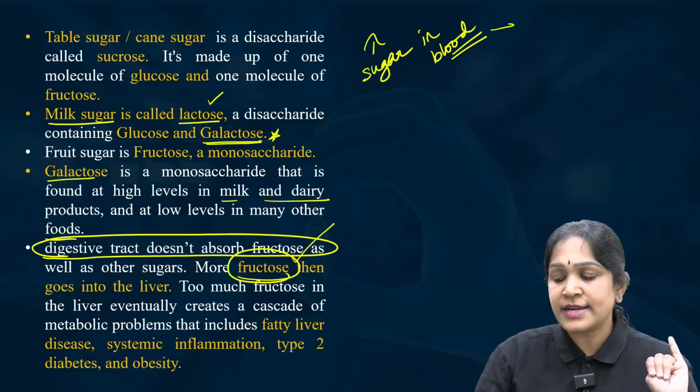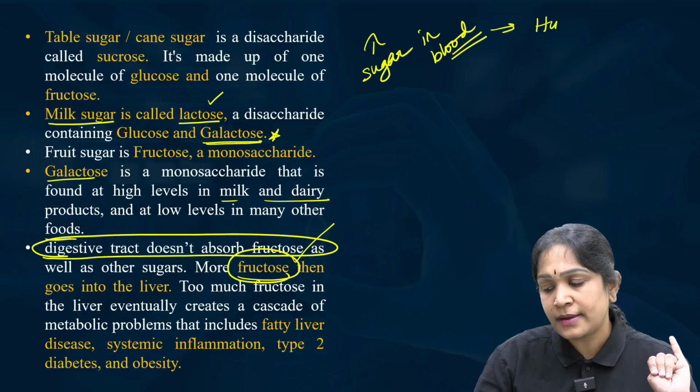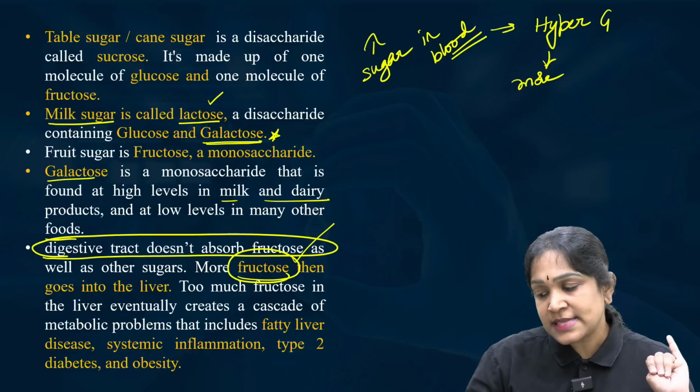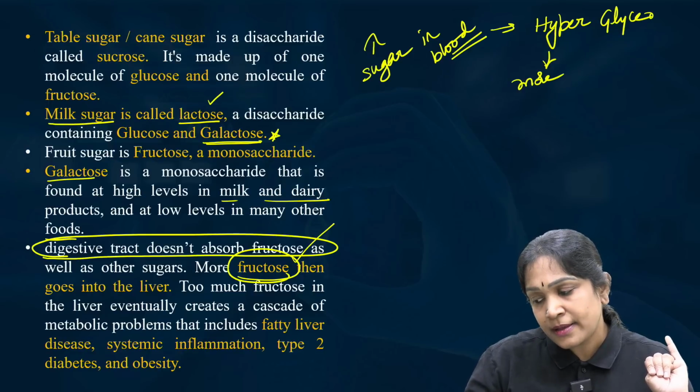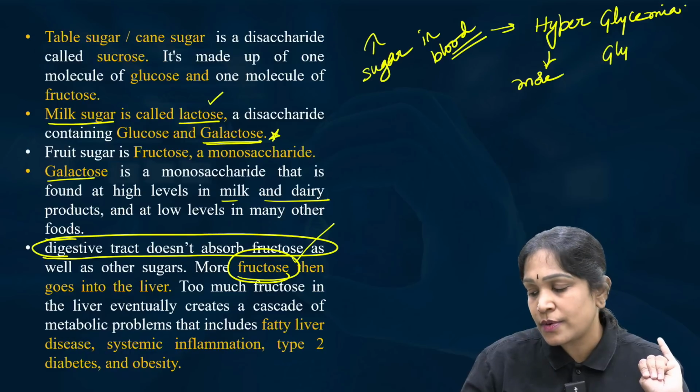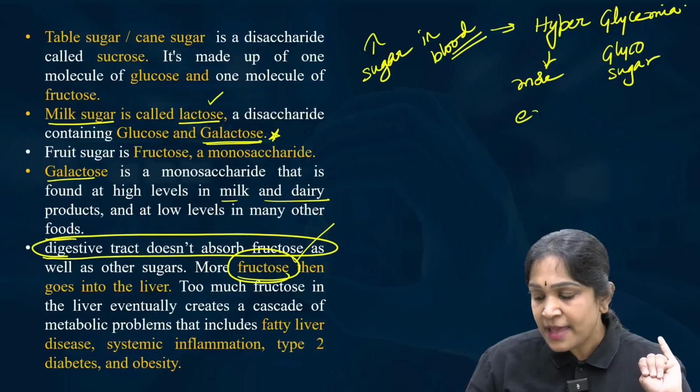We call this condition hyperglycemia. Hyper means more. Glyco is related to sugar, and amia is related to blood.